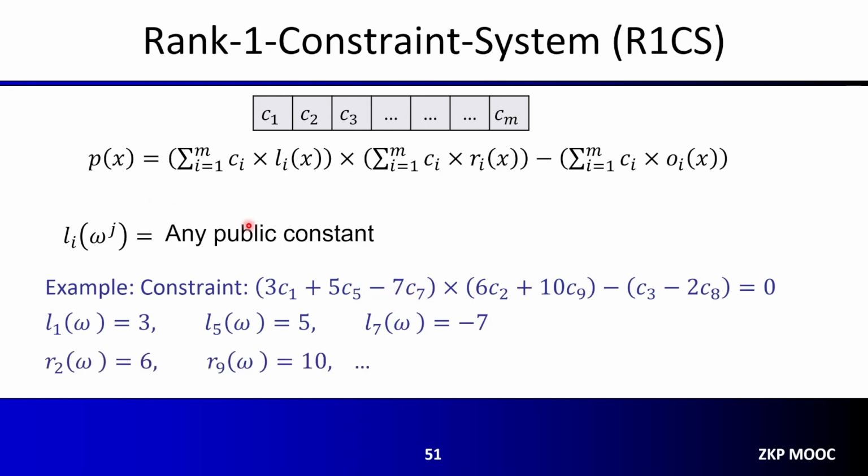Similarly, we can define Ri(x) as R2(ω) equals 6, R9(ω) equals 10, and everything else equals 0. If you compute the second parenthesis, the summation of Ci times Ri(x), that will give you 6 times C2 plus 10 times C9. And similarly, you can define Oi(x) as O3(ω) equals 1, and O8(ω) equals -2.